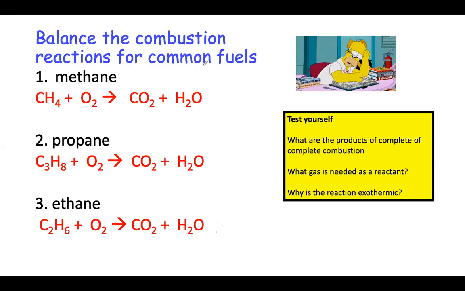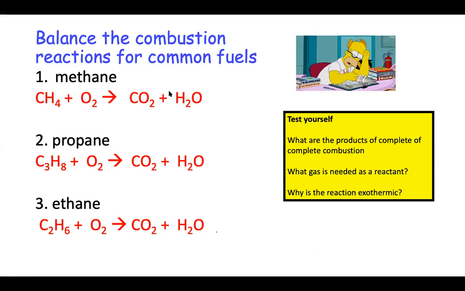Okay, the trick with balancing combustion reactions is you always leave the oxygen to the end. So the first thing that we notice is that there are 4 hydrogens and only 2 here.